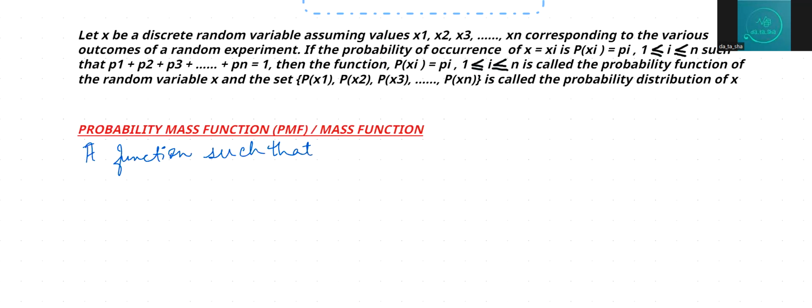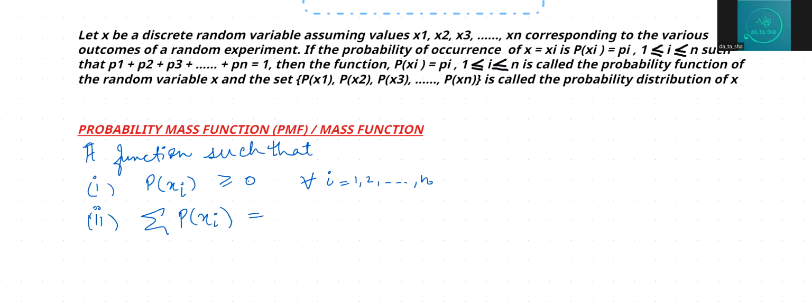The first condition is that the probabilities are greater than or equal to 0. So p(xi) is greater than or equal to 0 for all i, where i is going from 1 up till n. Second condition is that the summation of all the p(xi) has to be 1.